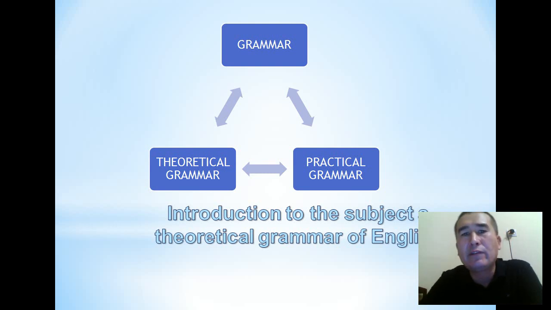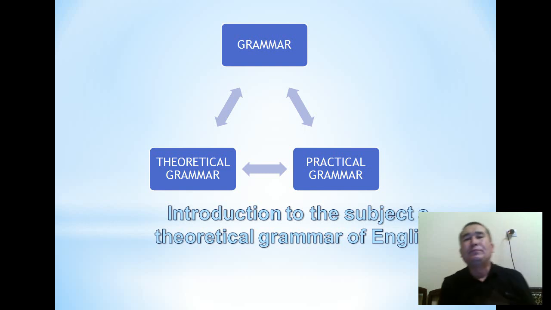Grammar consists of two big parts: theoretical grammar and practical grammar. Besides these types of grammar, we also have universal grammar, comparative grammar, traditional grammar, and so on.